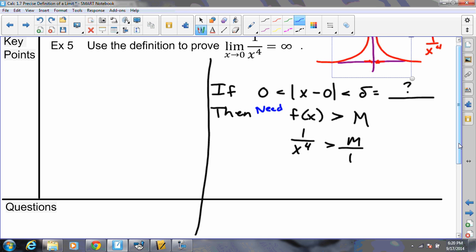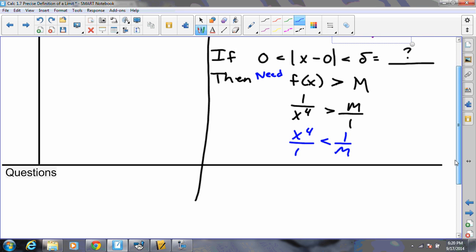If we take the reciprocals of both fractions, flipping them, it's actually going to change it to be less than, which we would then note tells us x to the fourth is less than 1 over this finite number M.